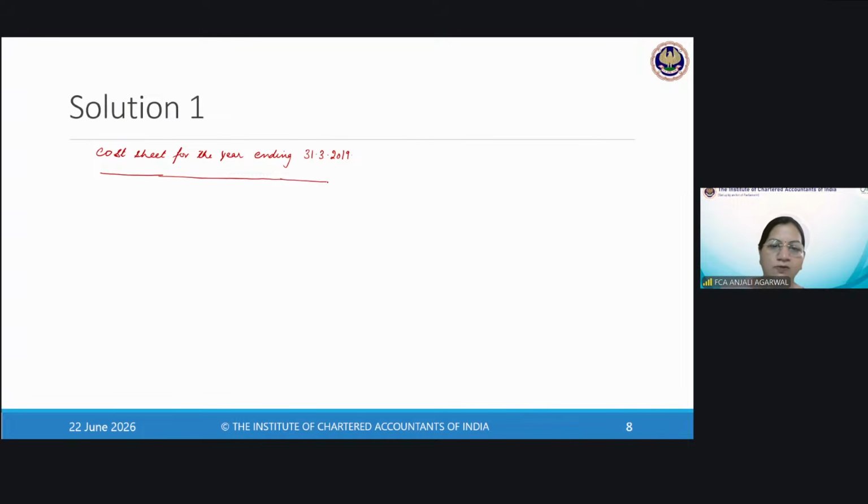The number of units are also not given, so we will prepare the total cost sheet and will not calculate the cost per unit.